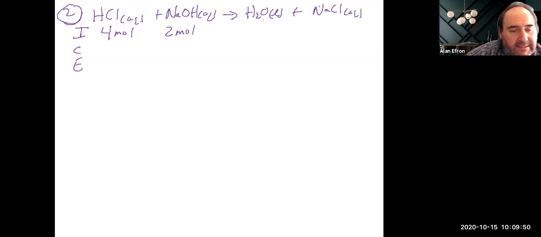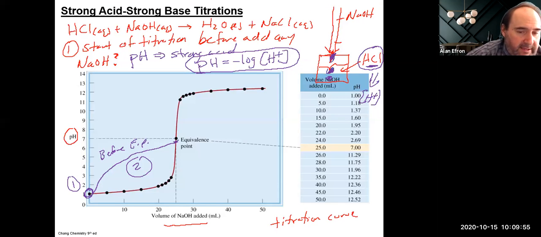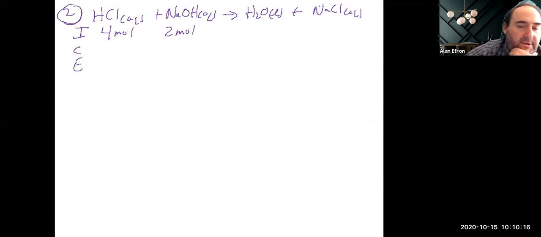Why should it be less than 4 moles? Because the definition of equivalence point is the point where the moles of the acid equals the moles of the base. Since we are not at the equivalence point, the base is what I'm adding, so I have to have fewer moles of base than acid. This is how you can use your ice table to help you understand where you are in a titration.